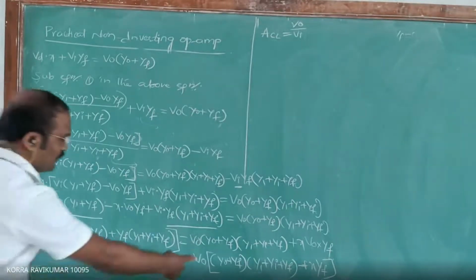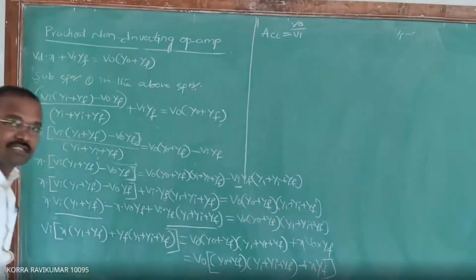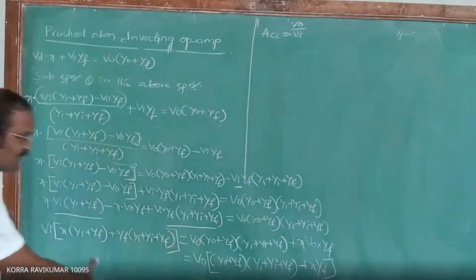So V0 by Vi, send Vi to the RHS side and multiply factor to the LHS side.